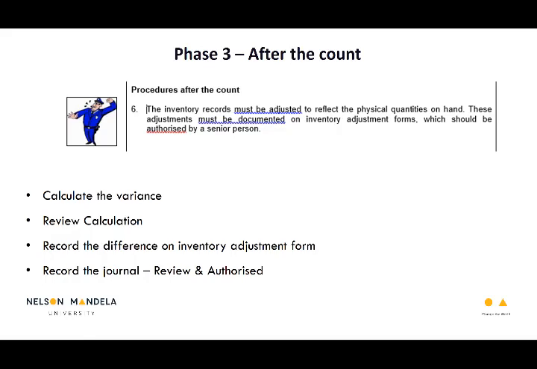The next step would be that the difference must be recorded on an inventory adjustment form, and that inventory adjustment form should also be reviewed and authorized. And then finally, the adjustment can be recorded into the inventory records. The journal that's going to be used to record that adjustment then needs to be reviewed and authorized as well. And that, ladies and gentlemen, brings us then to the end of the inventory count procedures.